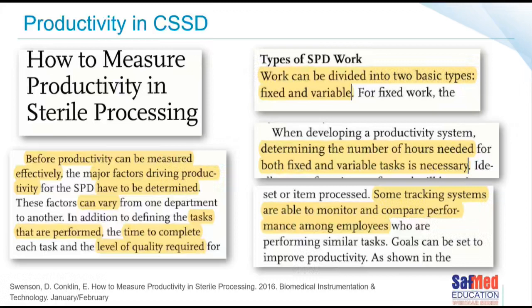First, they realized that we need to divide the work we do into 2 different things, fixed work and variable work, and that becomes quite important when you're trying to determine the number of hours we need for doing fixed work and for doing variable types of work. So these kinds of tracking systems can look deeper into this kind of information, which is really quite handy.